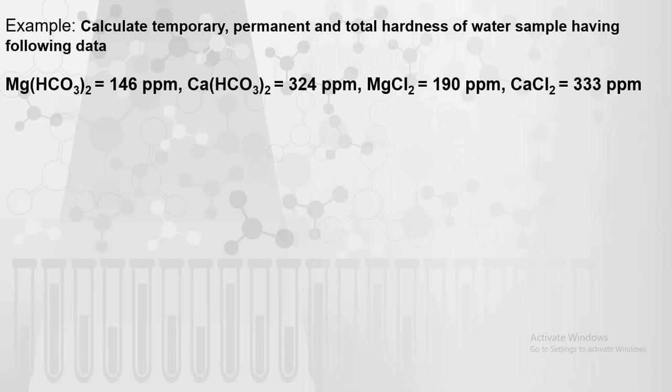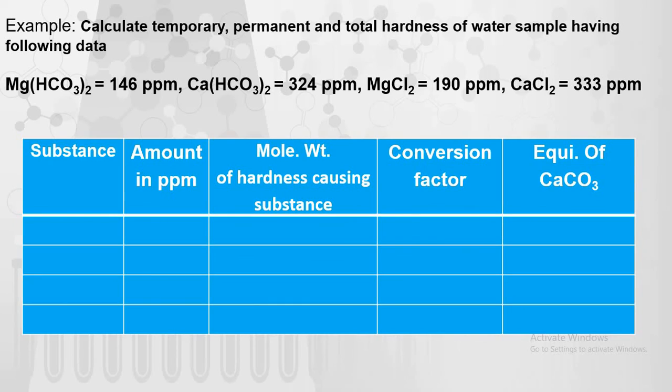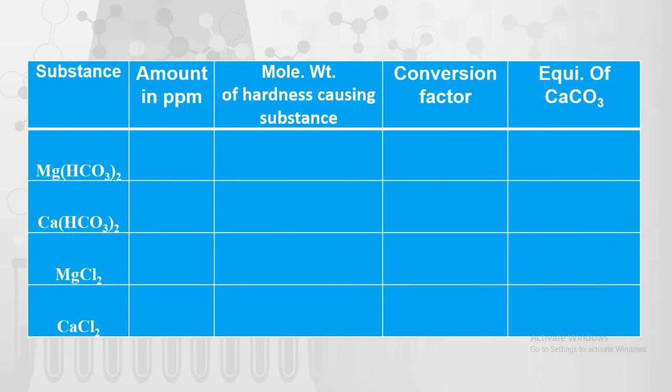For this simple calculation method, you have to calculate by using this formula and by using this table. This is the table that you are going to use for further calculation. There are 4 different substances here, which you write in the substances column.